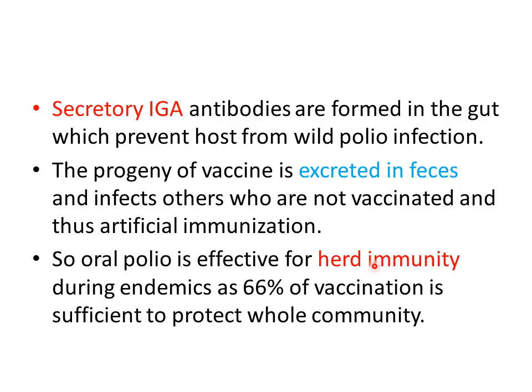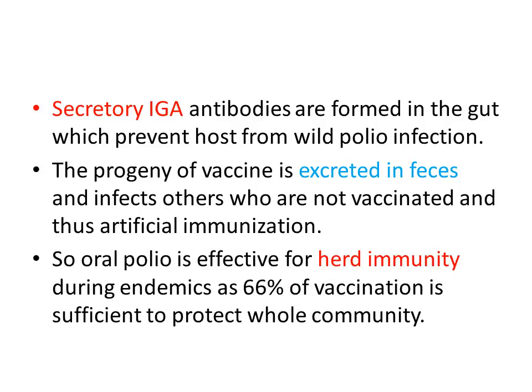It is very useful because if we vaccinate only 66% of people, then it is sufficient, because herd immunity will immunize the whole other part of the community. It is a very important advantage of oral polio vaccine.